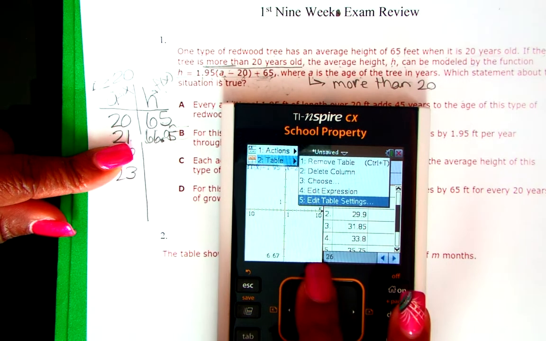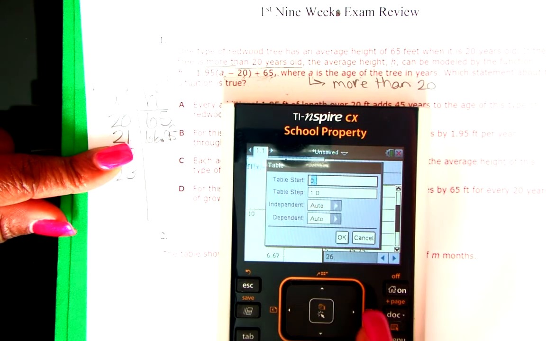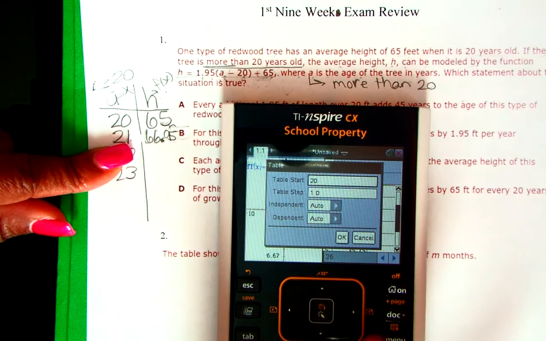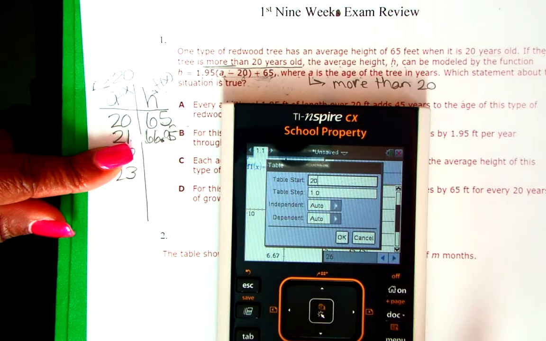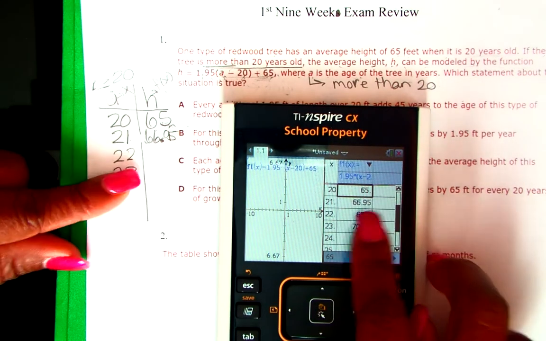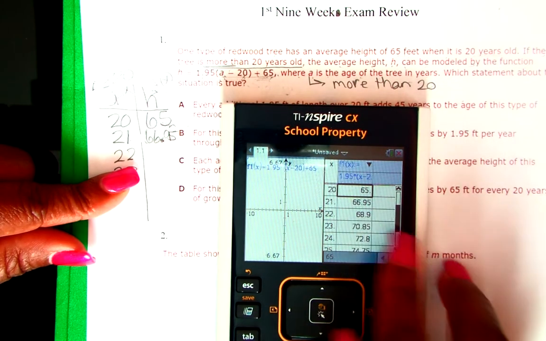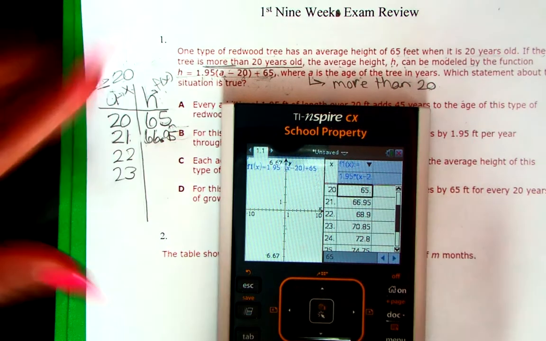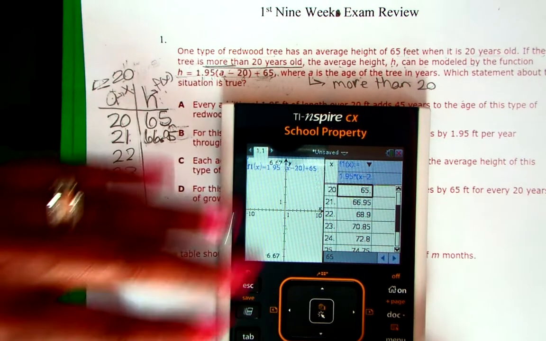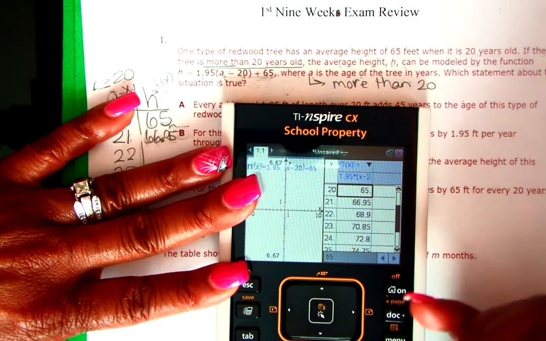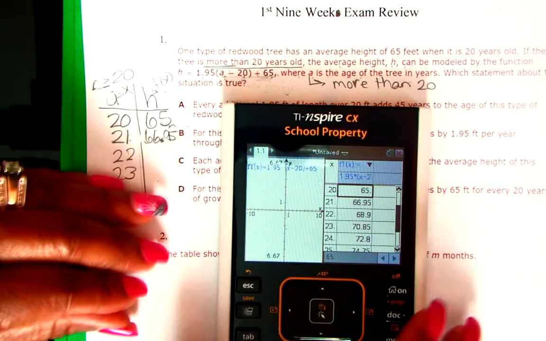So I'm going to edit the table settings and change my table start to 20 and enter. So now you see we got 20, 65, 21, and so on. And you see how it's increasing? Now I have that table, and I have a better understanding of it increasing. Maybe not rapidly, but just a tiny bit.